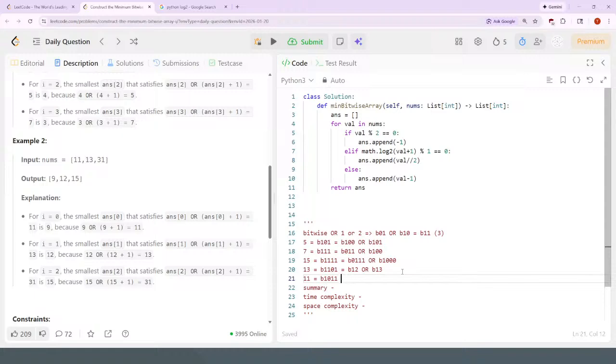Oh, interesting. B1001 or B1010. Wow. Okay. I really did mess up my logic there. I was staring at something like this and I still couldn't get it.